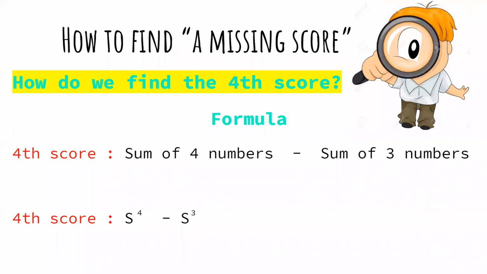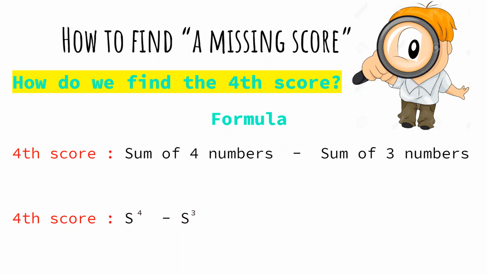Today we're going to talk about finding what I call a missing score. And here's the formula that I created to help you remember the steps involved. Now don't be intimidated. I know it may look a bit confusing, but trust me, it's incredibly simple.